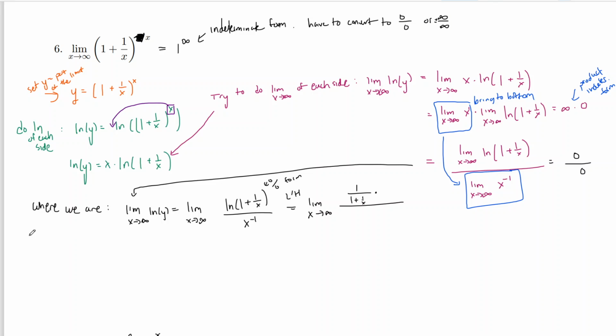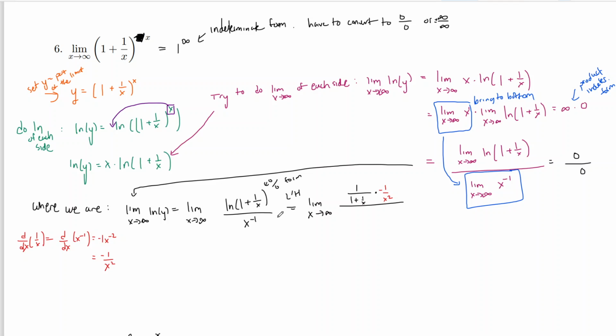You might have this memorized, but the derivative of 1 over x is the derivative of x to the negative 1. You bring the negative 1 down, and you subtract 1, so x to the negative 2. And then when you make it a positive exponent, it's negative 1 over x squared. So the derivative of 1, which is 0, plus 1 over x squared is negative 1 over x squared.